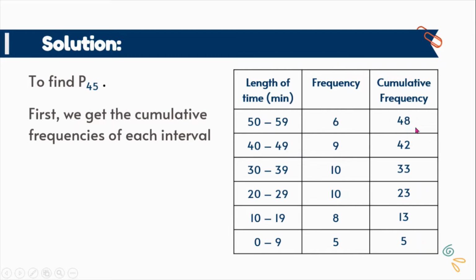Therefore, our N here, or the total of the frequency, is 48, since our cumulative frequency is a running total of frequencies.